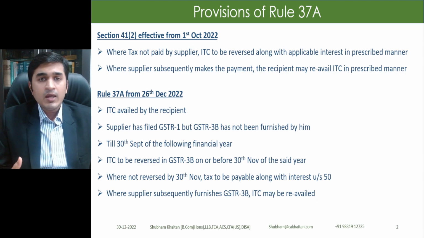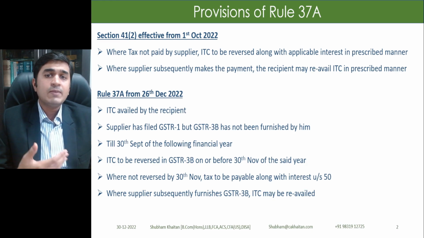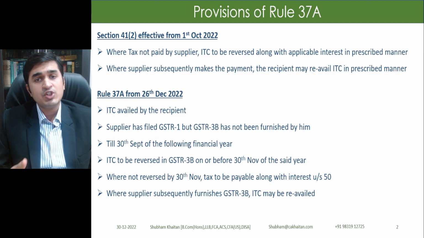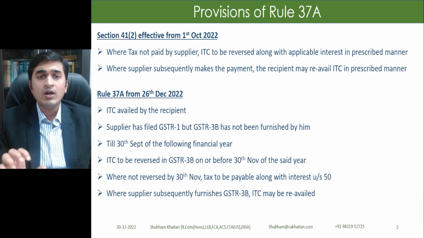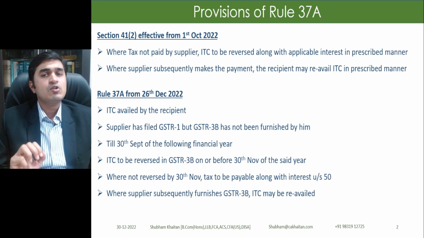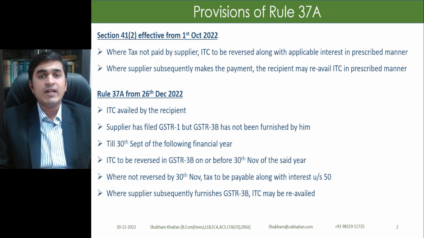Because in the same month, if I am availing ITC based on 2B, obviously the supplier also might not have made the payment, might not have filed his GSTR 3B. So it is not possible for the recipient to track the status of filing of 3B on an everyday basis. For this it has been stated that we need to check the filing status of the supplier's GSTR 3B by 30th September of the following financial year.